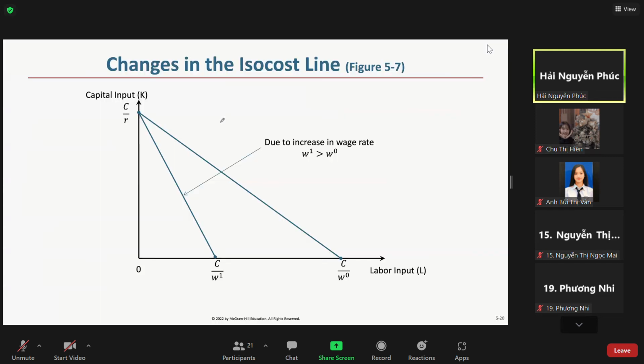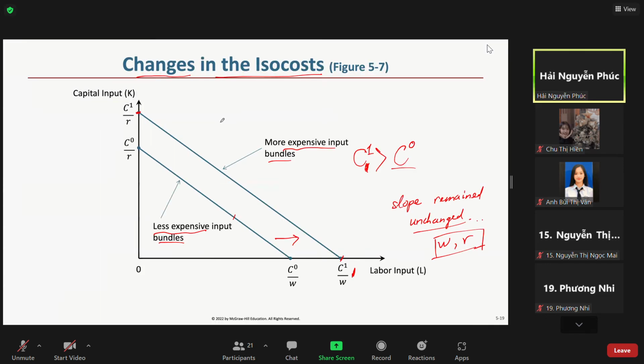So once again, what is the key point? The key point is that the isocost line tells us about the budget available to us to buy the capital input and the labor input. If we have an increase in the budget, it shifts the isocost line to the right.